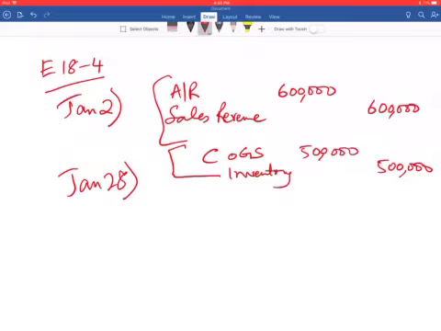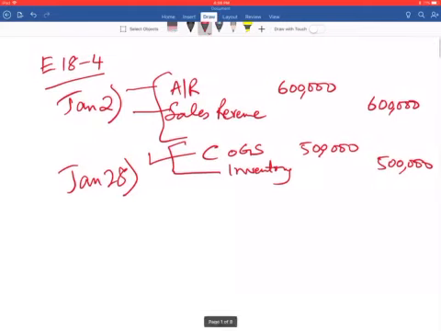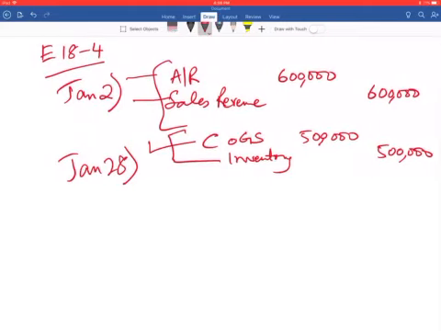Cost of goods sold and sales revenue are income statement accounts, while accounts receivable and inventory are balance sheet accounts. We have to do this entry every time we sell.